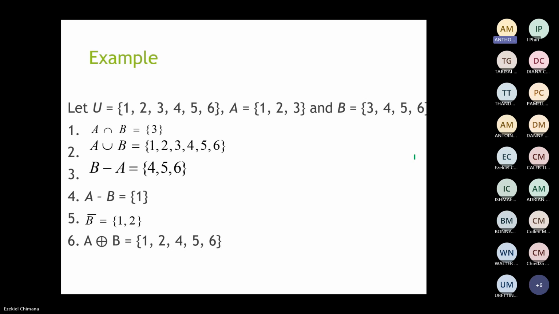Example, let U, the universal set, be 1, 2, 3, 4, 5, 6, 7. A is equal to the set 1, 2, 3 and B has the elements 3, 4, 5, 6. So in the first example, A intersect B is 3.